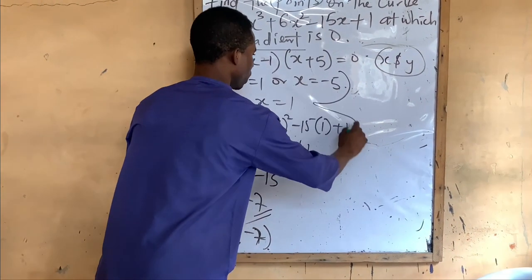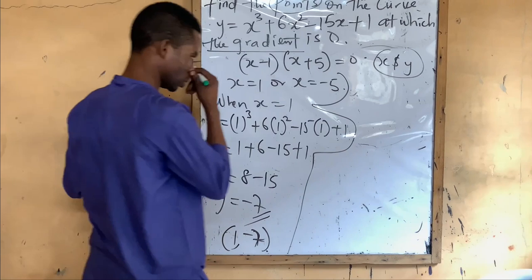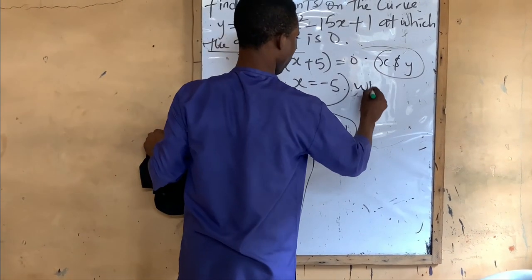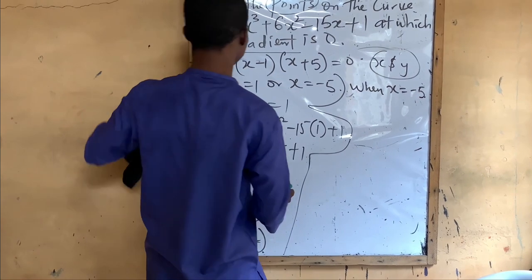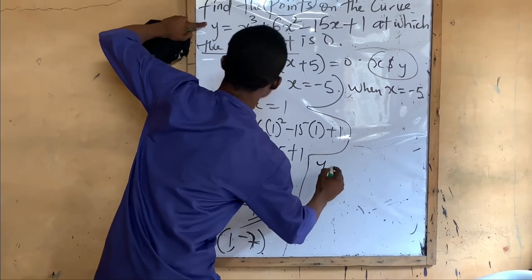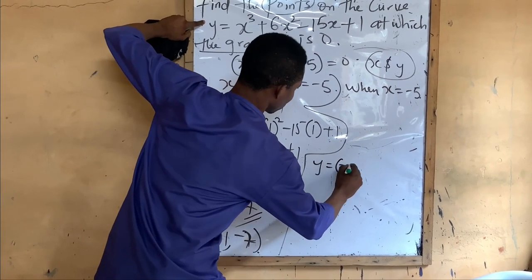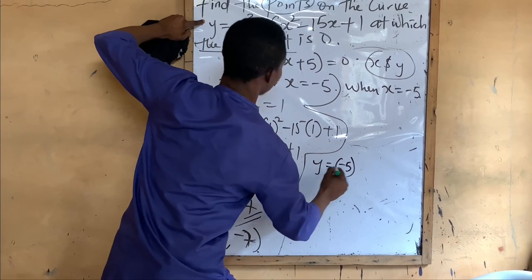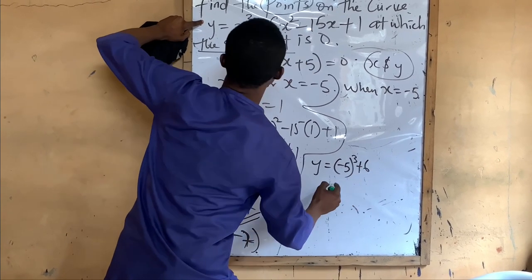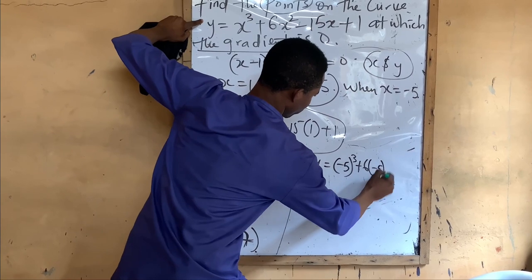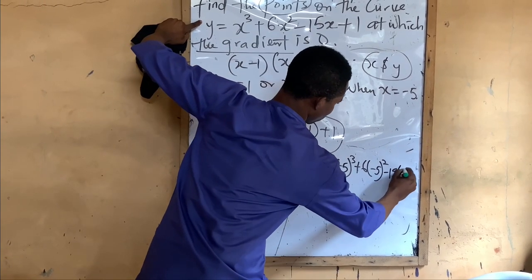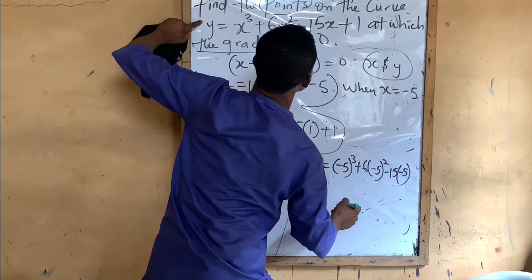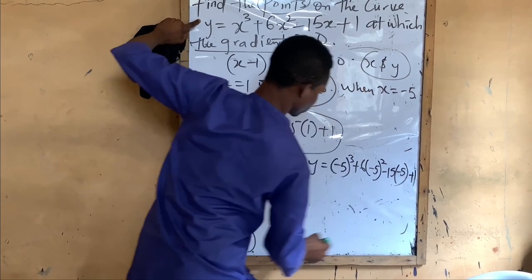So, again, when x equals minus 5, the y will be y equals minus 5 raised to power 3 plus 6 times minus 5 raised to power 2 minus 15 times minus 5 plus 1.